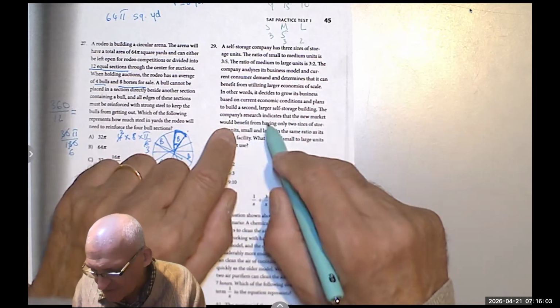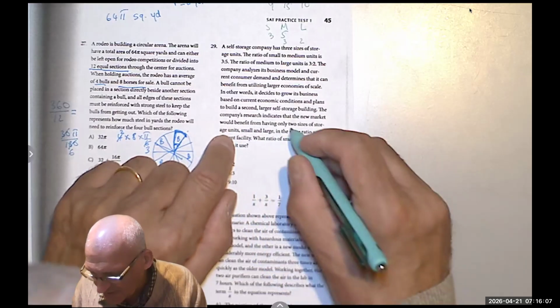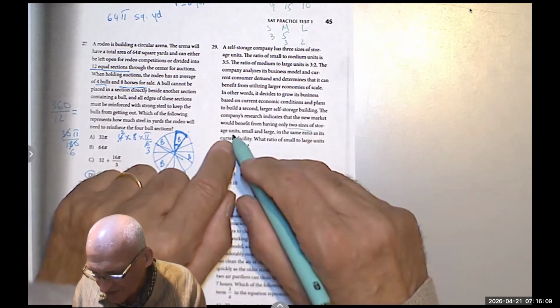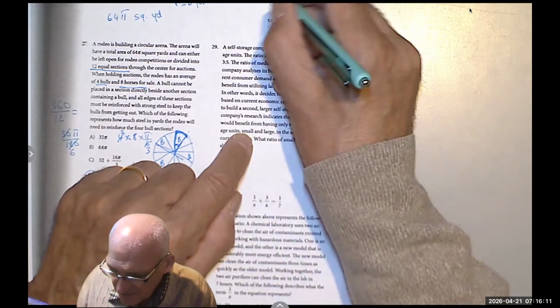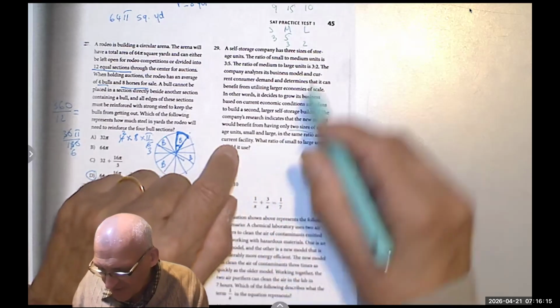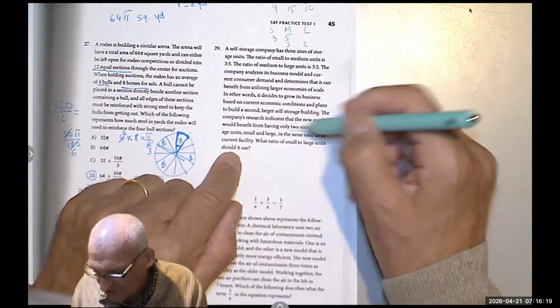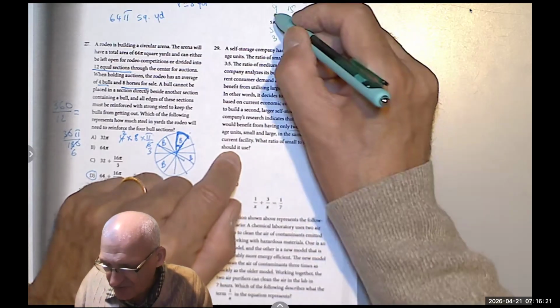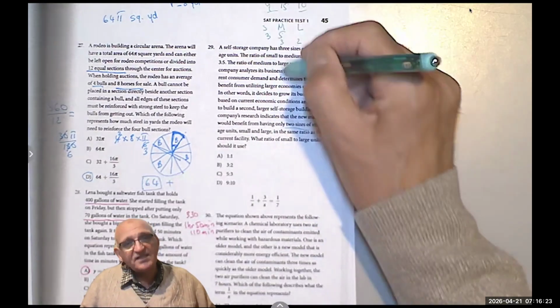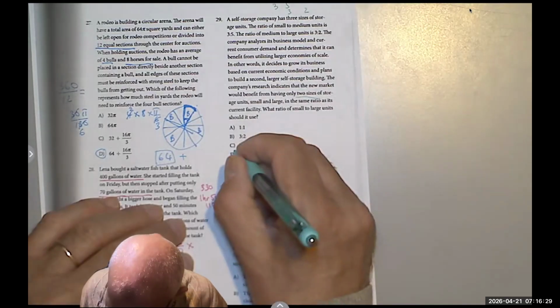The company's research indicates that the new market would benefit from having only two sizes of storage, small and large, in the same ratio as its current facility, so the same ratios. What ratio of small to large should it use? 9 to 10. You see, once you get the same common, you can compare all three together. Yeah, 9 to 10 is D.